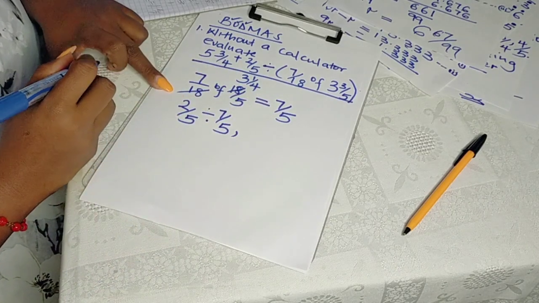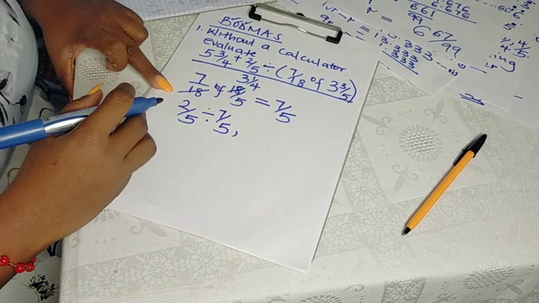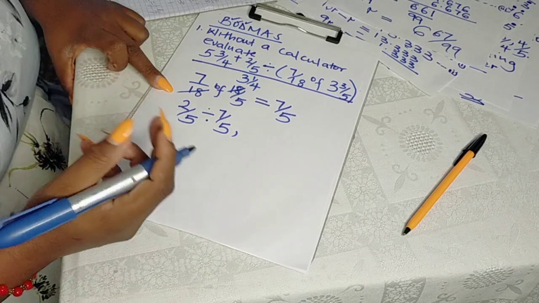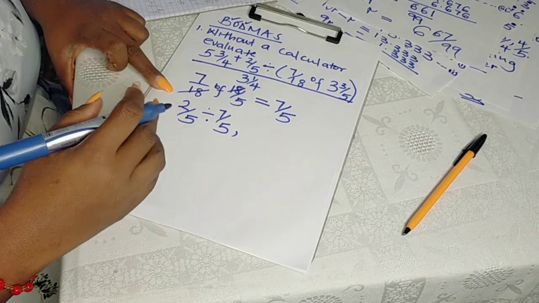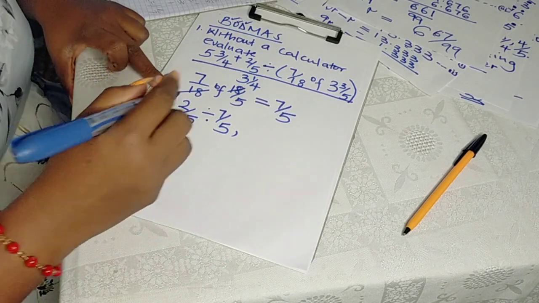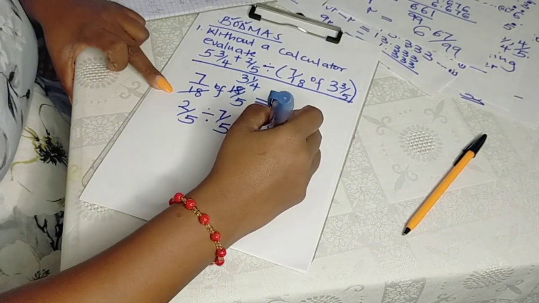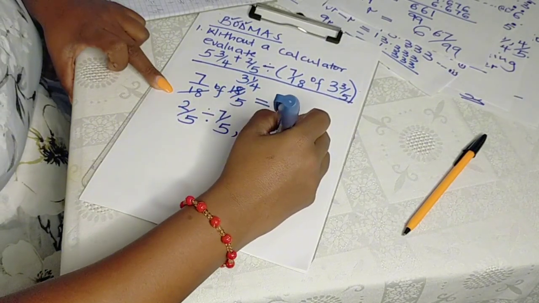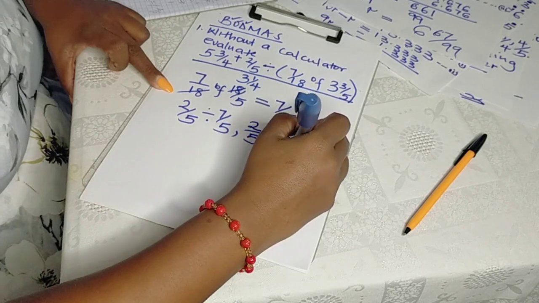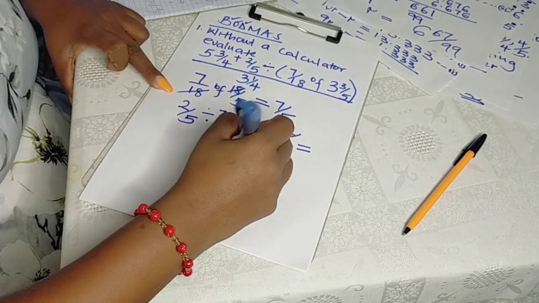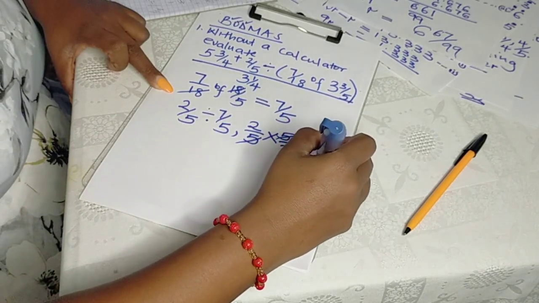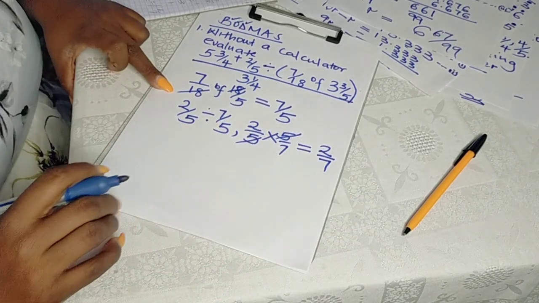And we know whenever there is a division in fractions, we usually change the sign to multiplication and take the reciprocal of one of the fractions. For example, if we take 2 over 5, then the other one will be times 5 over 7, which equals, these two will cancel out so that we remain with 2 over 7.